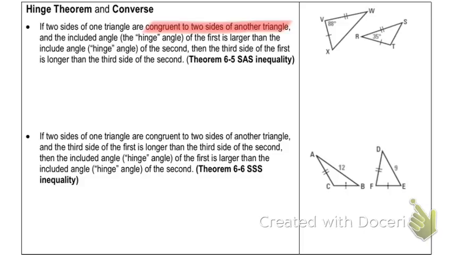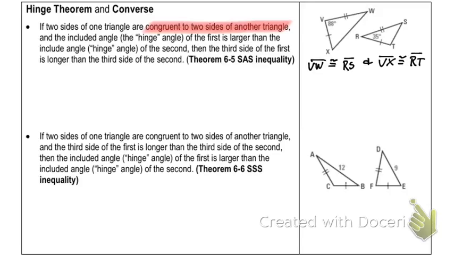So, in this case, we know that VW is congruent to RS, and we know that VX is congruent to RT.